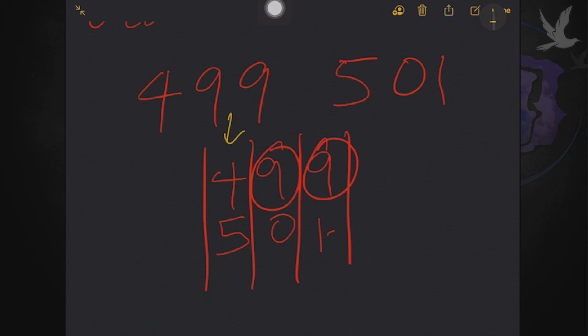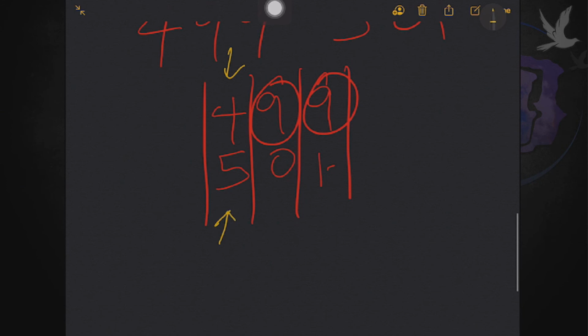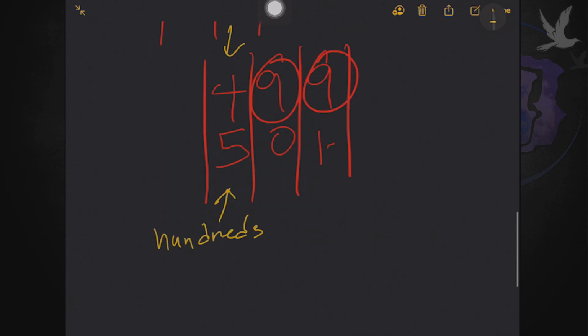It's the hundreds place. If we are doing the comparison between two numbers, it is always important for us to look at the greatest place value. So even though 9 is greater than 0, and this 9 here is greater than 1, hundreds is the greatest place value here.